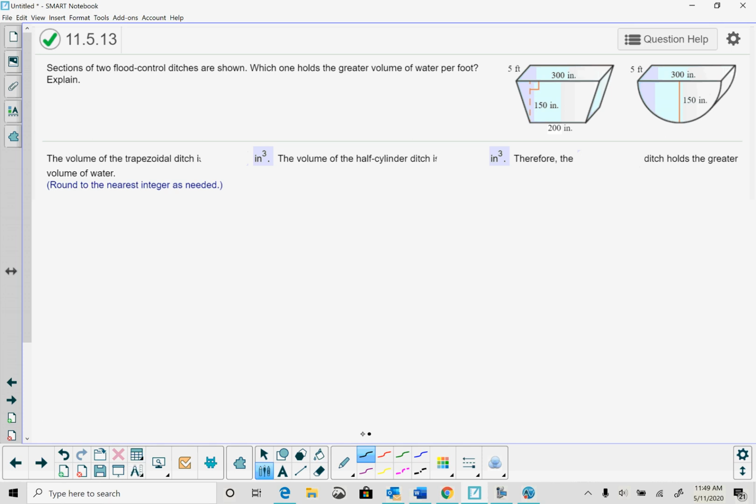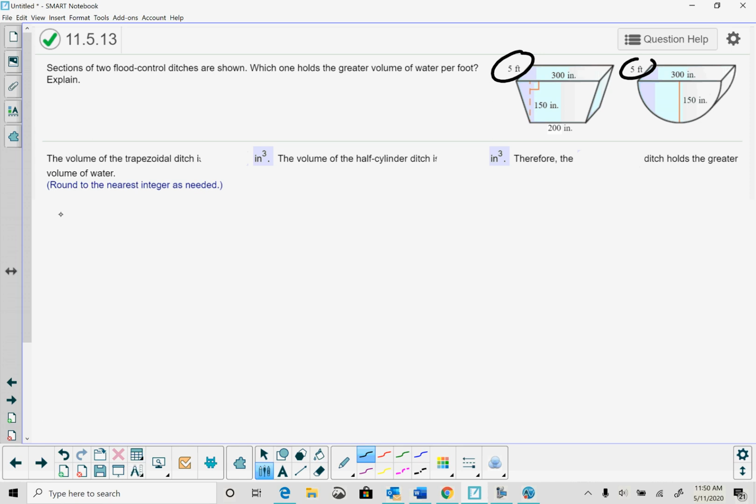Please note here, again, we have mixed units of measurement, so we need to be careful. Inches, inches, inches, but feet, inches, inches, and feet. Well, it's nice that both of them have the exact same width, so that'll be much easier to compare them. But again, the website asked for you to actually calculate the volume.